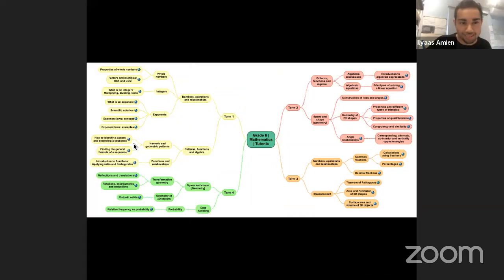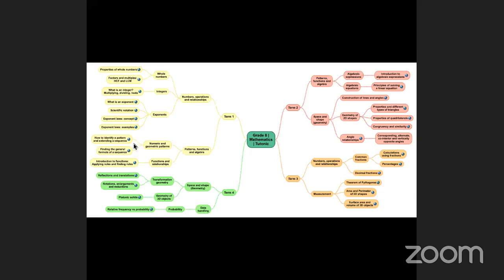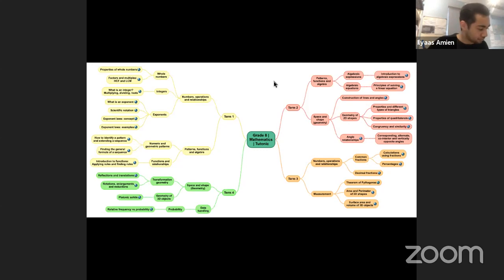Can you see this now? Yeah, Grade 8 mind map. Let me see if this works now. Let me see if I join again, but I don't want to stop the meeting. Remember we had to stop the meeting?